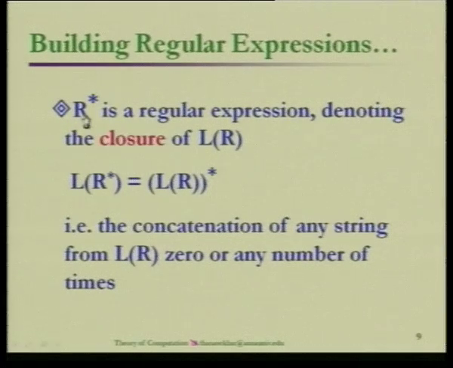The operand is R. So R star is a new regular expression, and the language is called the closure of that R. So how do you write the language? It is going to be L of R. That means you take a string from the language of R, and you repeat it as many times as we want. The closure's meaning is 0 or more number of times.